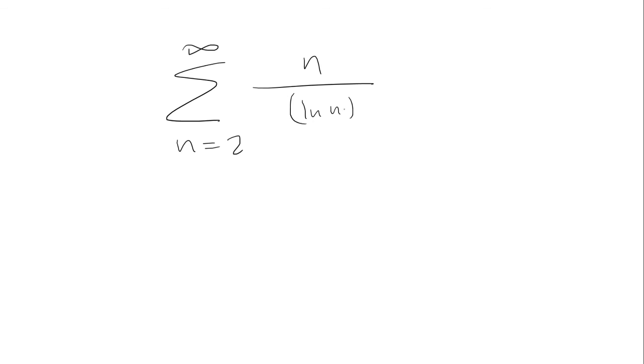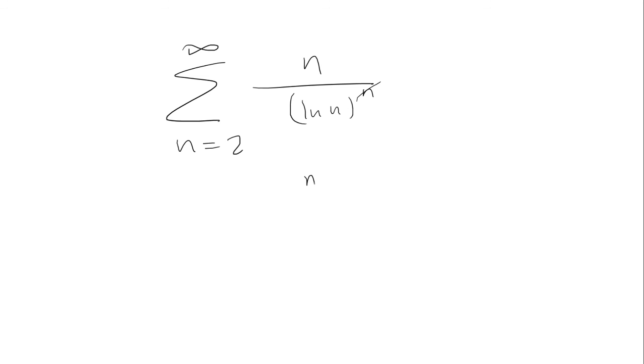So next, we have the sum from n equals 2 to infinity of (n over ln of n) to the n. We're going to use the nth root. So the nth root of the nth power will cancel, so we'll just have ln of n in the denominator.